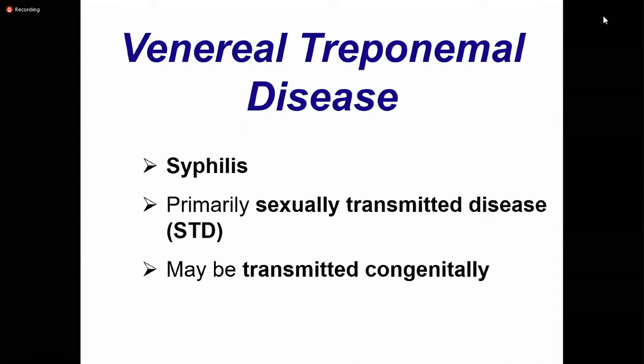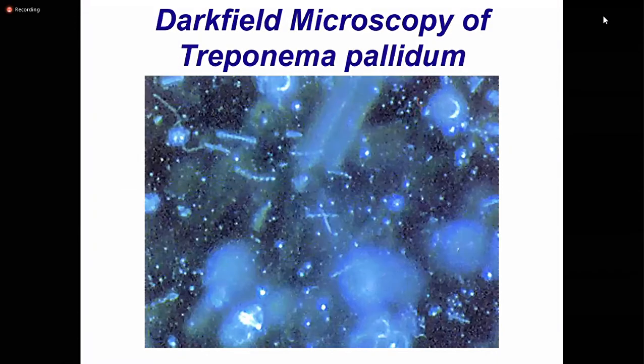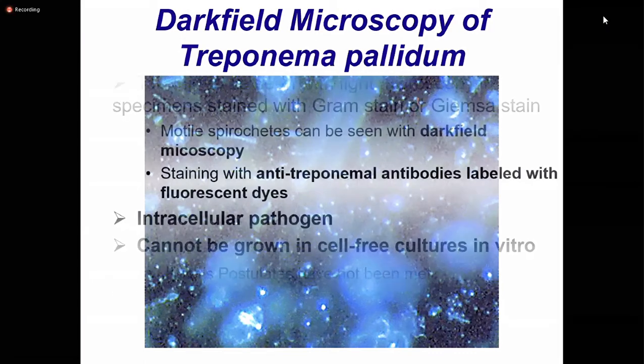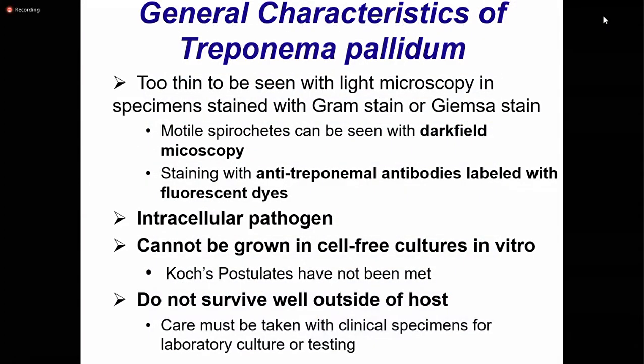You need to know that this disease can be transmitted congenitally from the mother to the baby, as you will see. This is how we see Treponema pallidum under the dark field microscope. So what are the general characteristics? This is too thin to see by the light microscope.